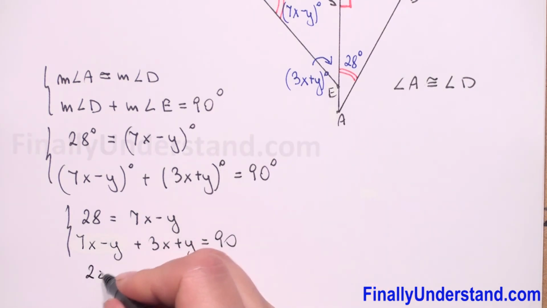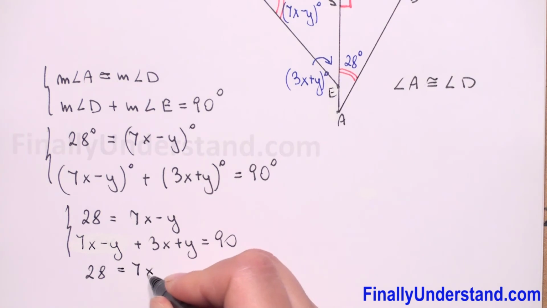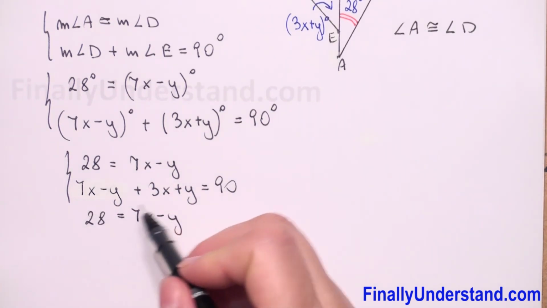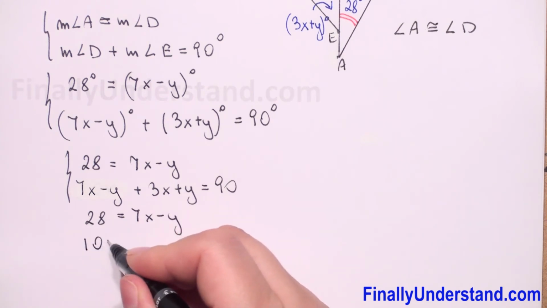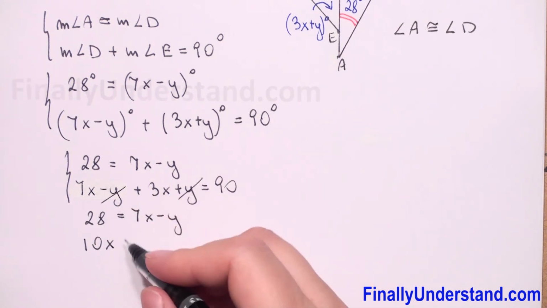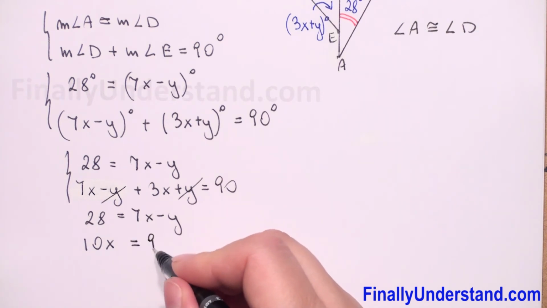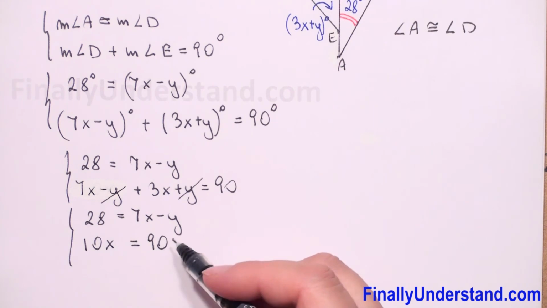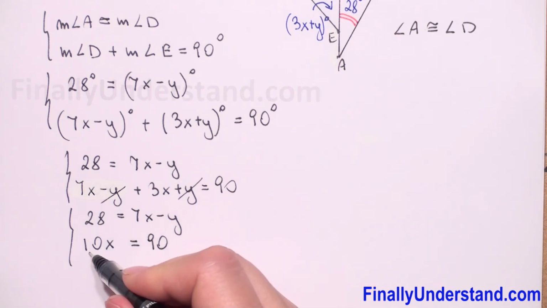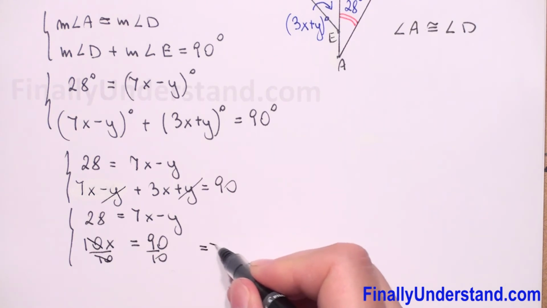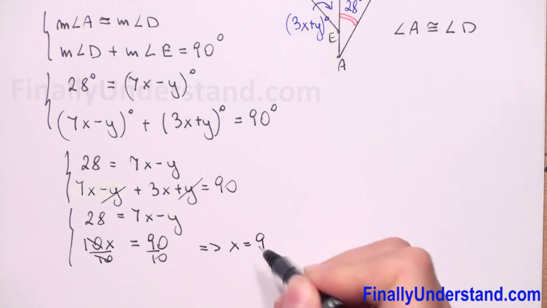We have 28 is equal to 7x minus y, and in the second we will have 7x plus 3x is 10x, negative y and positive y we can cancel, so this is equal to 90. So we can calculate x from the second equation. We will divide both sides by 10. So we have that x is equal to 9.